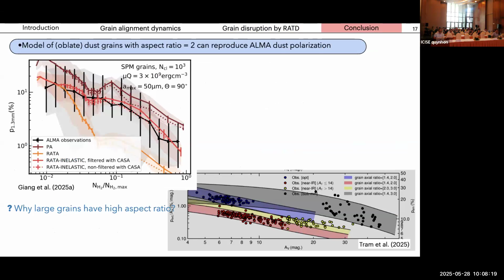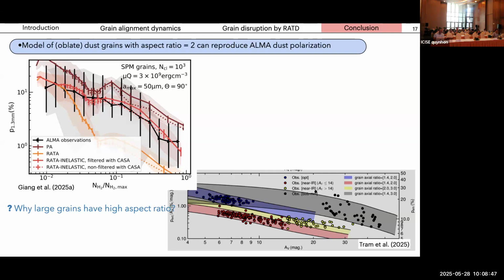So actually we found that in order to reproduce the ALMA observation, we need very large grains. But our model is under the assumption that grains have an aspect ratio of 2. That means large grains have an elongated structure. And also from the previous talk, he found that inside the starless core, those grains not only must grow to micron size, but the grain aspect ratio must also be larger than 1 in order to reproduce the observation.